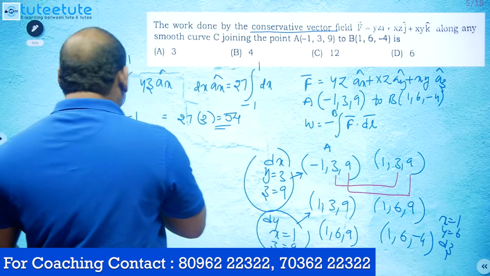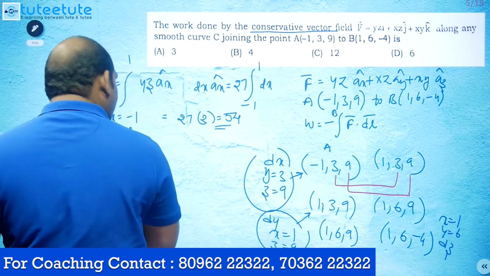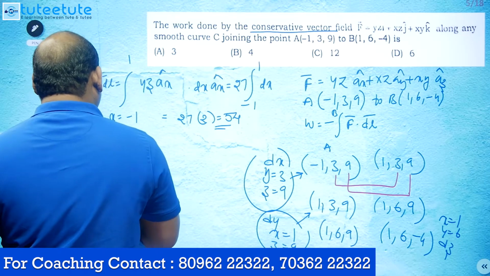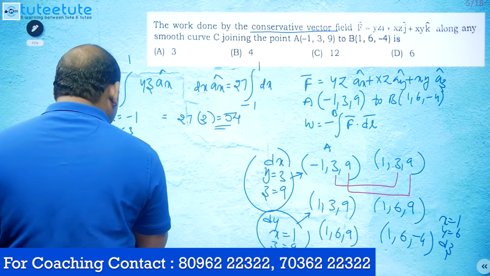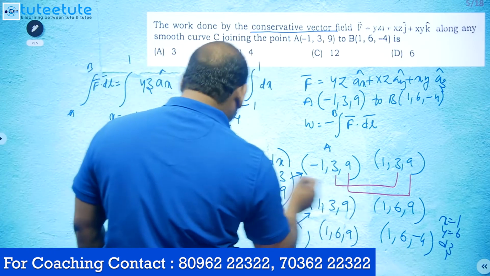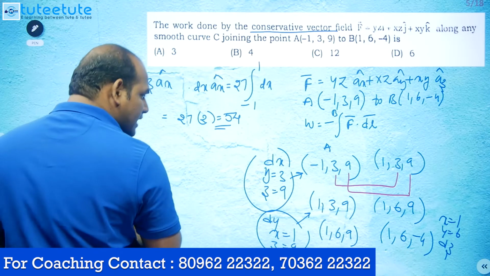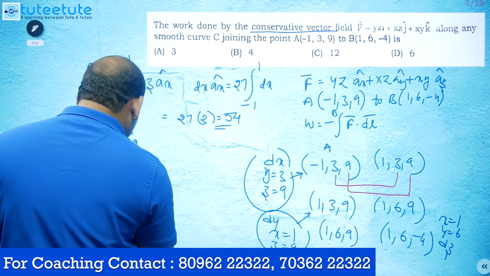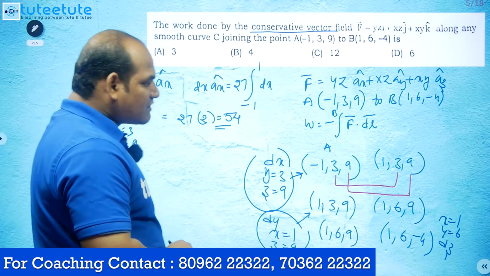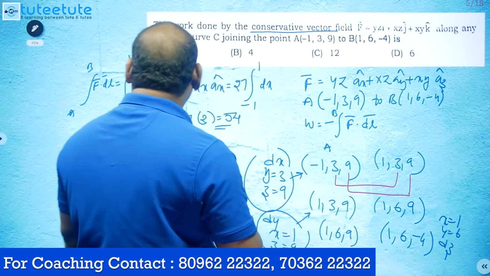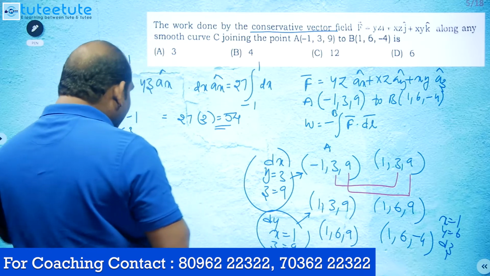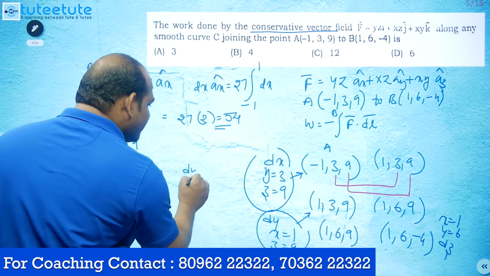Now we will change the y value, and this has to be added. y is changing from 3 to 6, but x is fixed at 1 and z is fixed at 9. This is what we have to consider. In this case y is changing, so dl will become dy ay cap.